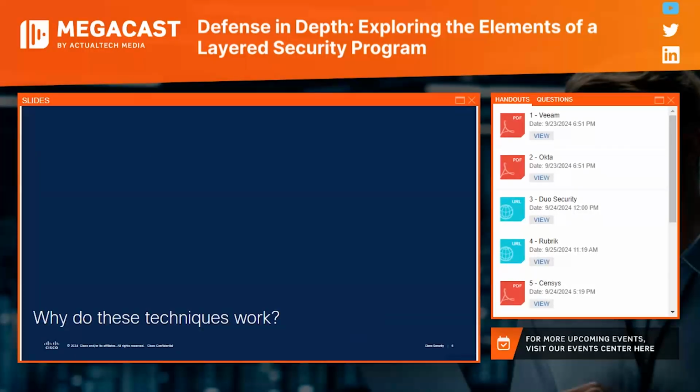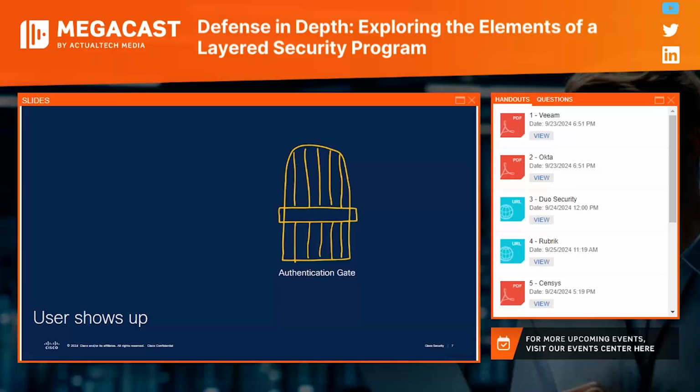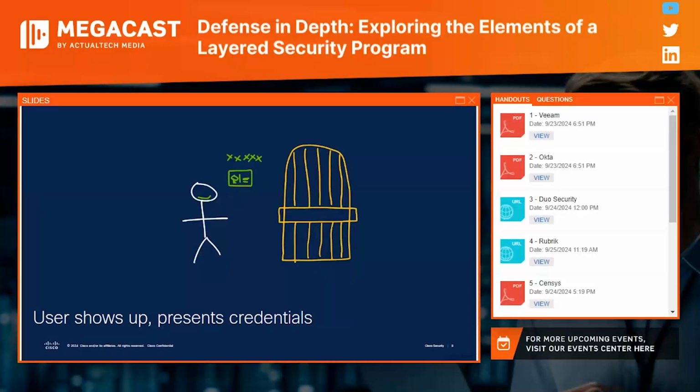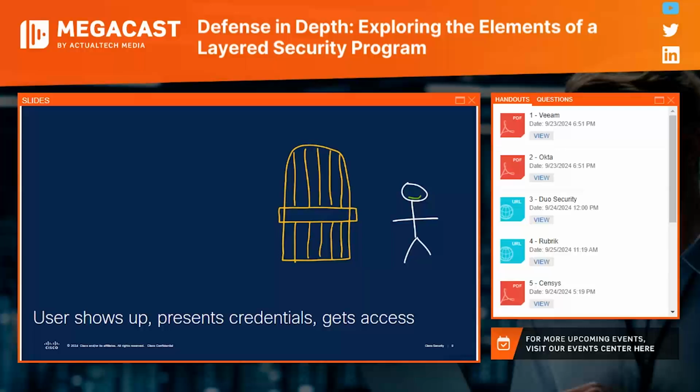So why do these techniques work in the first place? Throughout the rest of this presentation, I have a variety of illustrations. They're homemade, I hope you don't judge them too much. But basically, at the point of authentication, a user shows up and presents their credentials. This can be a username and then their password, which is something they know, and then they get access.